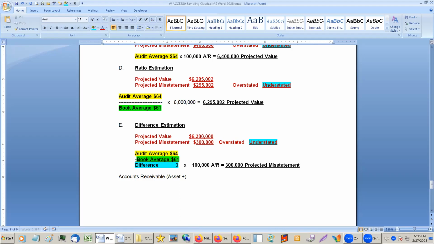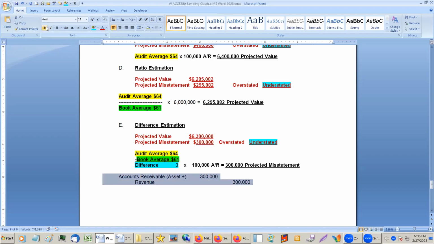Asset going up, I'm just going to make up a number here, say that he's finding they're off 300,000. And the other side of that is revenue. So this is the usual journal entry for those accounts receivable.